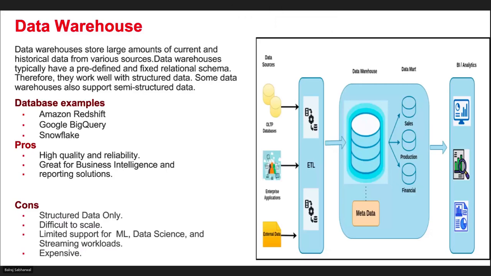For that, the warehouse is not compatible. It is also very difficult to scale up, it offers limited functionality for machine learning and data science, and it is quite expensive compared to a data lake. In the next topic, we will see how we can overcome these cons with a lakehouse.